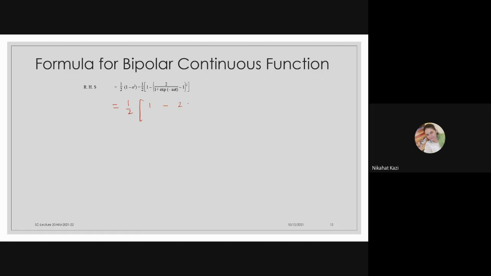So this is 2 minus 1 minus e raised to minus net upon 1 plus e raised to minus net, the whole square.